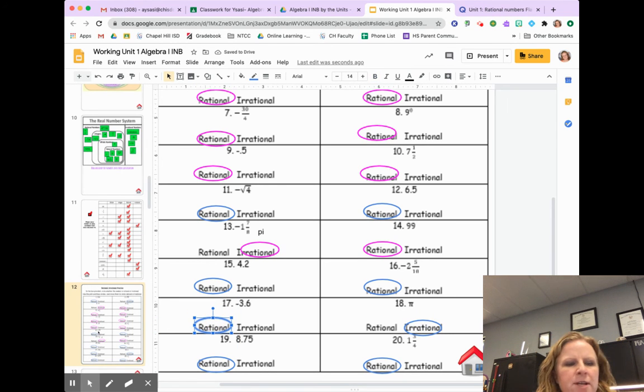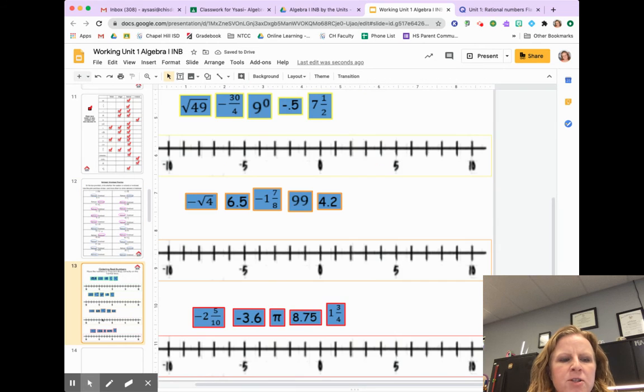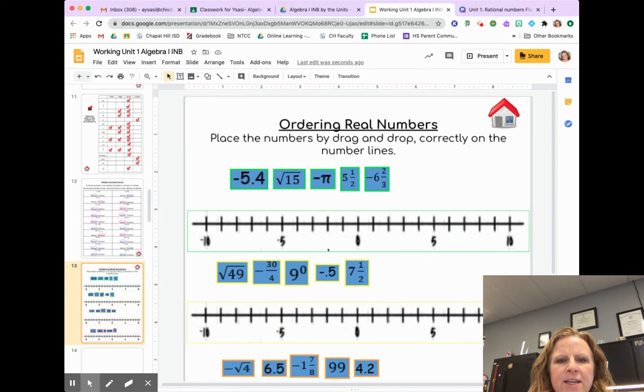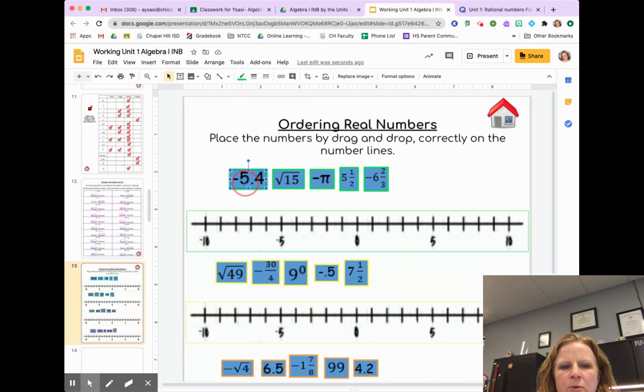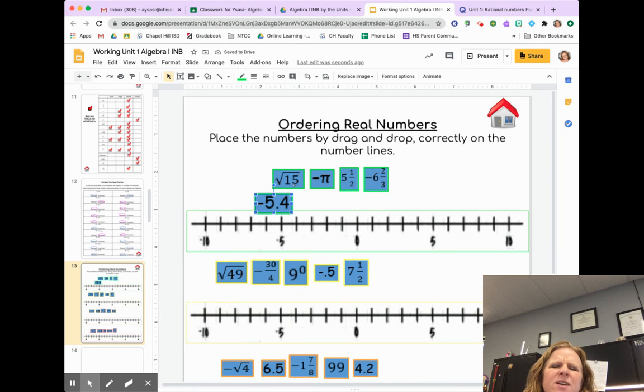Okay, so we are done with that slide. Now we're moving on to slide 13. Ordering real numbers. Place the numbers by drag and drop correctly on the number lines. So let's see. Negative 5.4. Yeah, around there. Let's put it down. Square root of 15. What is that close to?